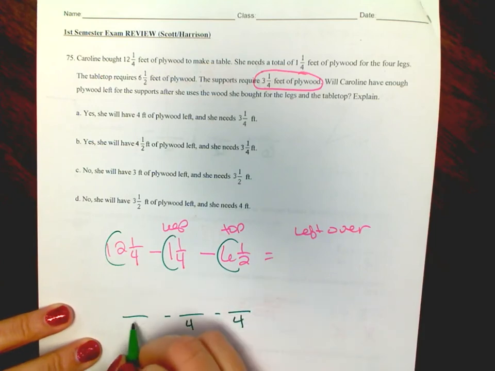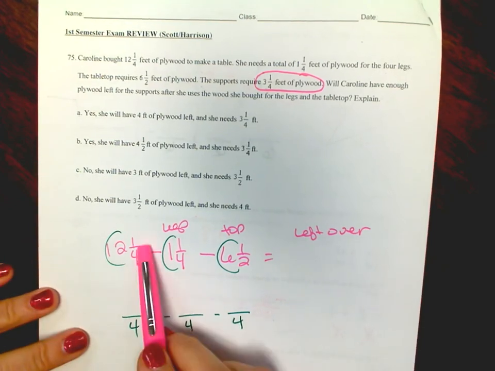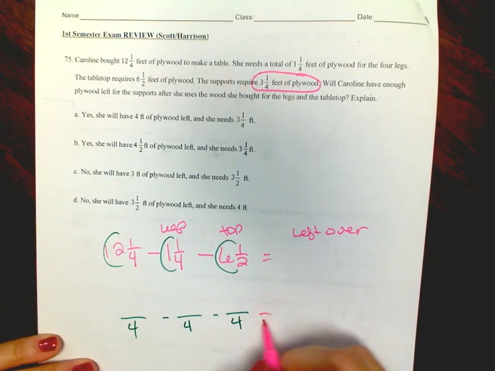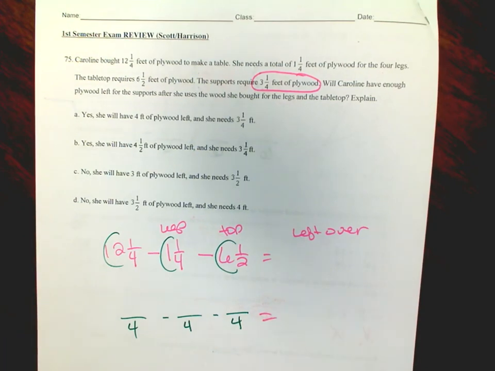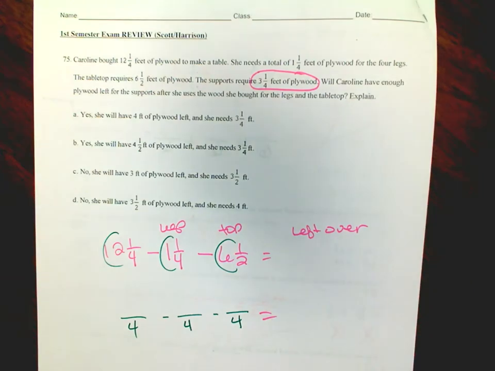Your common denominator is going to be 4. So, C-trick, common denominators, and see what's left over, and if you have enough to cover the supports.